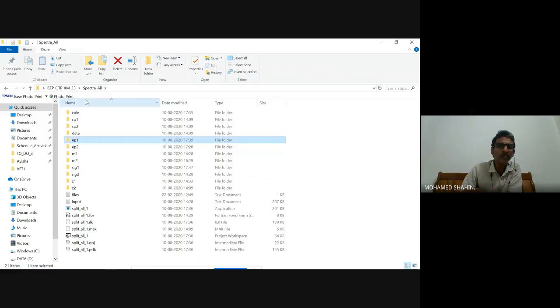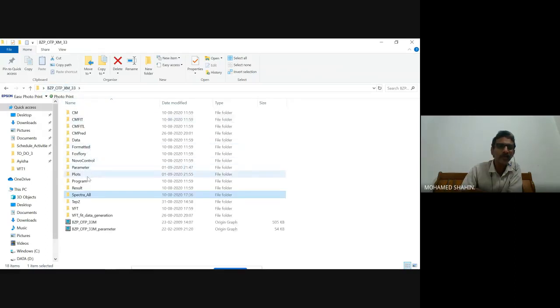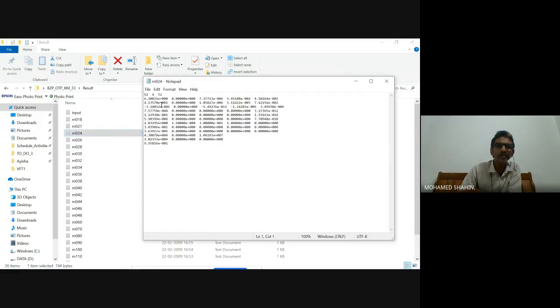For example, we have a folder called result. In result, this is delta epsilon 1 and this is its error, second line. Third one is minus or plus, whatever would be there.